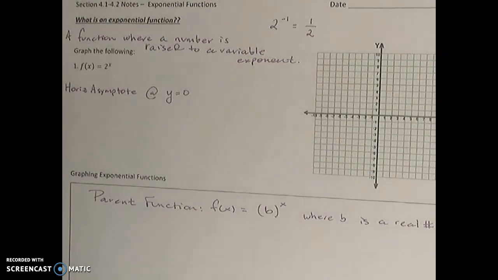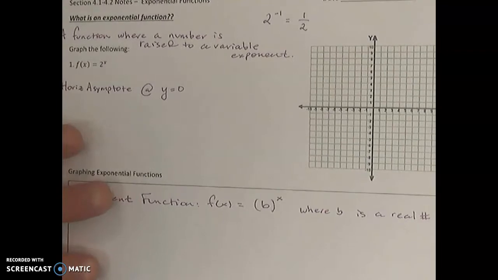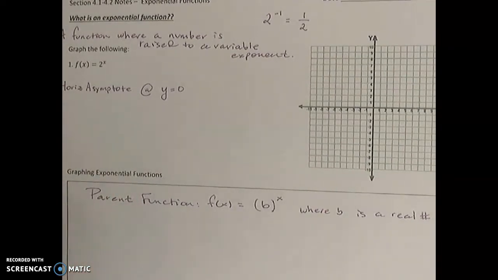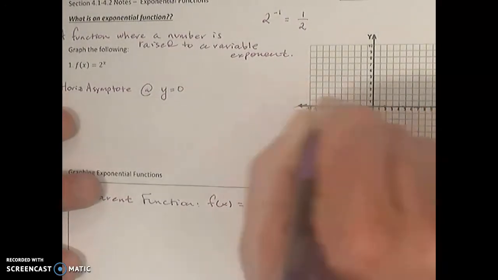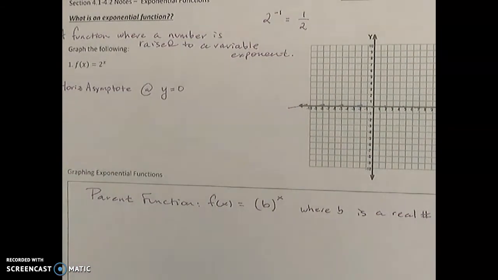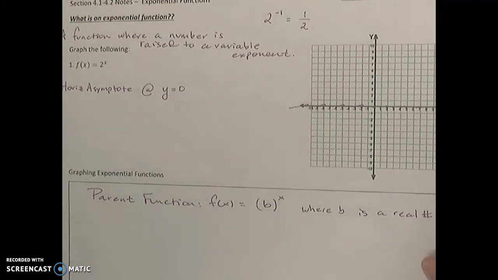Which means that there's no value for x we could plug in where we're going to get a negative output, or an output of 0. It's going to get infinitely close to 0 as we plug in higher negative numbers, like negative 10, negative 20, negative 30. We'd have 1 over 2 to the 30th power. But it will never, ever touch 0. Okay? So the parent function has a horizontal asymptote at y equals 0. And as we talk about the transformations, that could move up and down depending on the function.